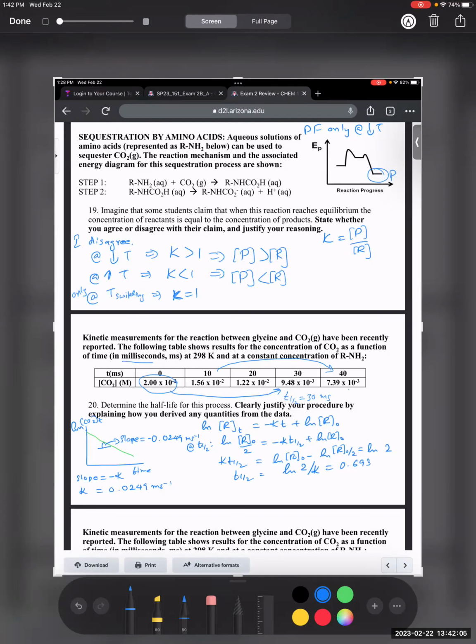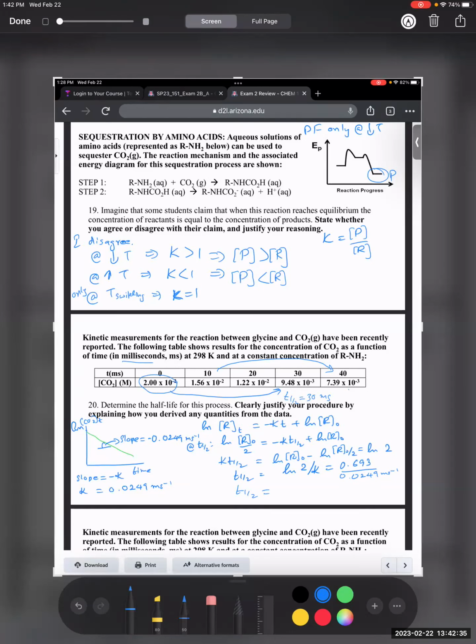So 0.693 divided by 0.0249 per millisecond. Therefore, the half-life, if you divide that, is around 27.8.